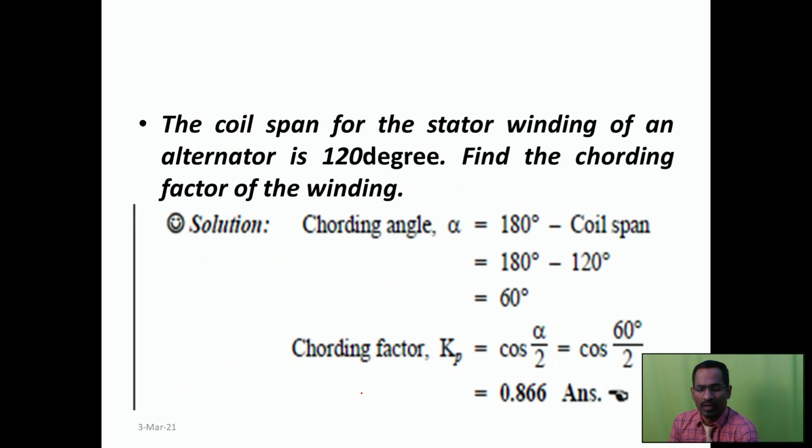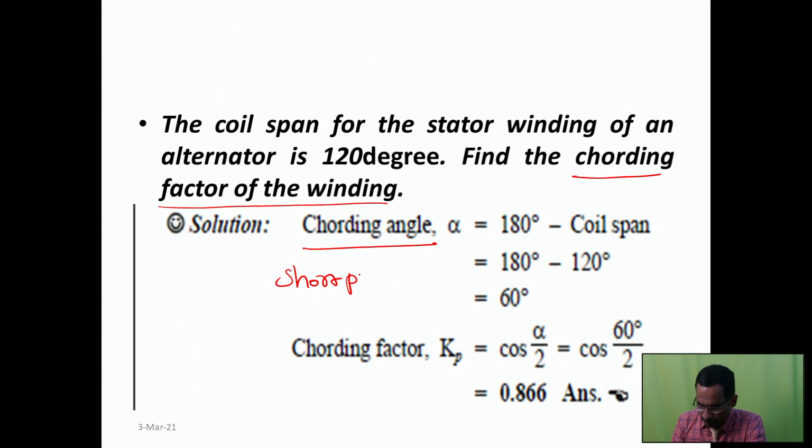Next, here they are asking us to find the chording factor or coil span factor. This chording angle is nothing but the short pitch angle. We already know that 180 degrees is the full pitch angle value.